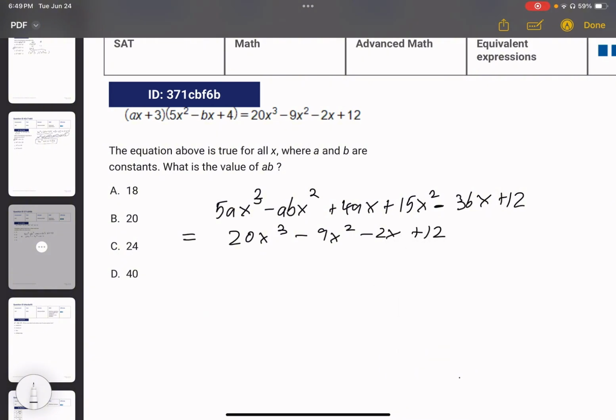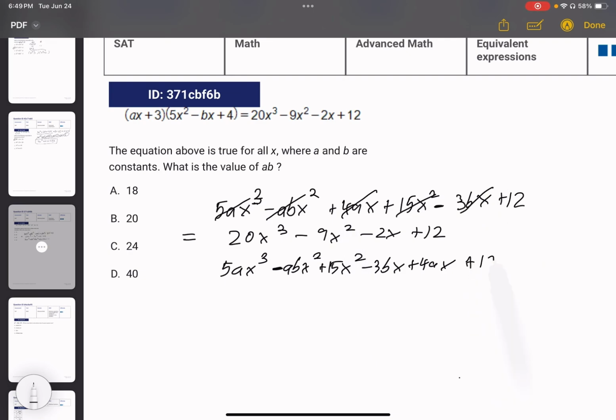Okay, so I'm going to rearrange this now so that our x squared terms are together and our x's are together. So we have 5ax cubed minus abx squared plus 15x squared. And then we have our x terms, minus 3bx plus 4ax.